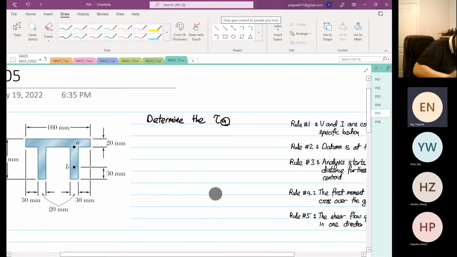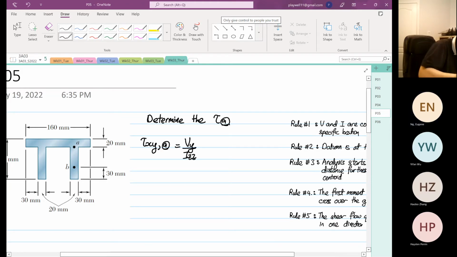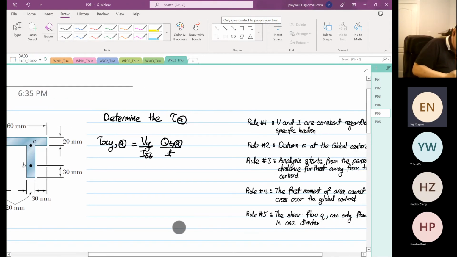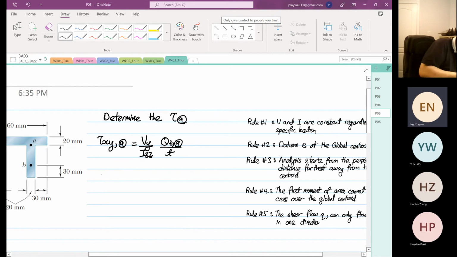So the formula that we're going to use is shear xy at point A is equal to Vy over Izz, Qz at point A divided by t. So we look at rule number 1. We know that Vy, regardless of the point of interest, V and I are constant.